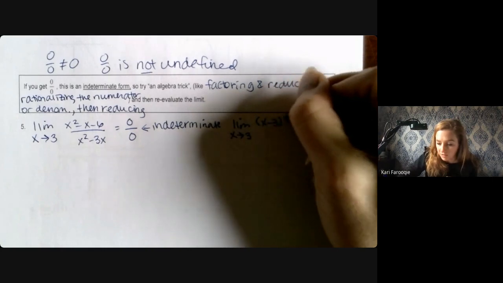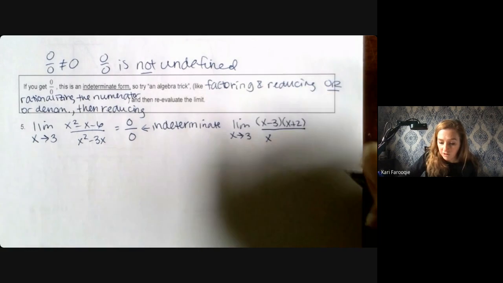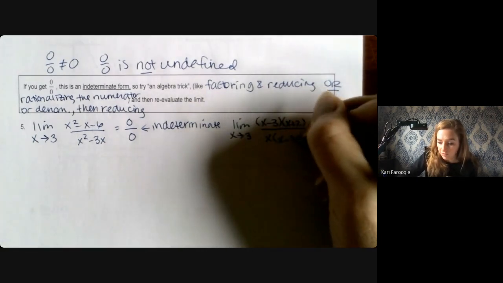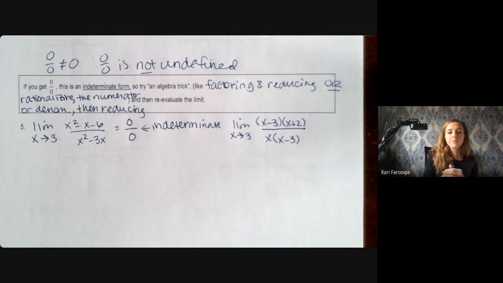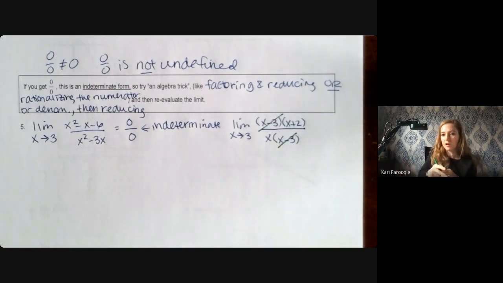So I'm going to rewrite this as x minus 3 times x plus 2. And then in the denominator, I'm going to factor this just by taking out that GCF of x. So the whole idea here is that when I factor this, I can cancel out a factor, and usually that's what's causing an indeterminate form.